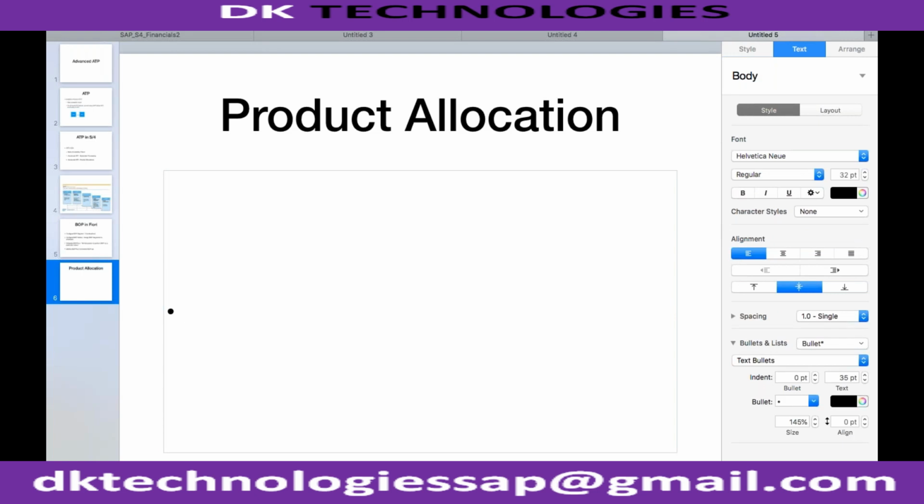Nagesh is saying that they have a seasonal product that our company is manufacturing, and let's say it is only available for 2 months in a year. Being a seasonal product, there is a lot of demand, but we have a restriction that we can only manufacture 1,000 units in 2 months.